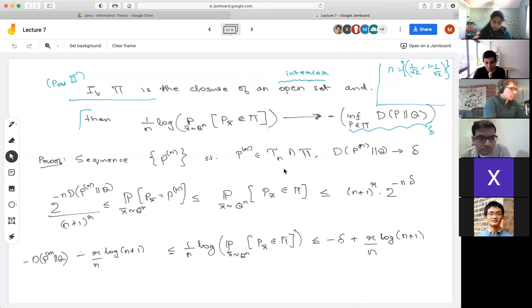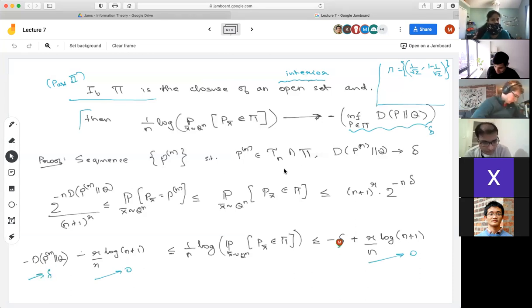Now if we take limits on both sides, we get what we want. The log terms, because there is an n dividing them, just go to 0 as n tends to infinity. So if this goes to 0 and this goes to 0, this goes to delta, and this is already delta.